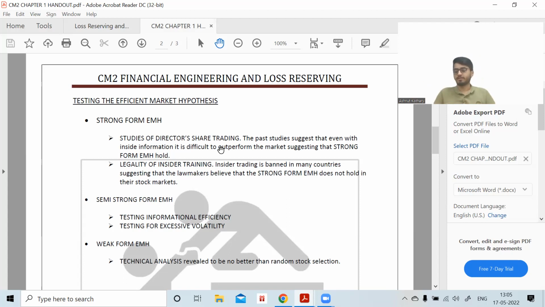Now, testing informational efficiency. Let me put it this way: how should the markets react to any new news? If markets are adhering to some form of efficiency, starting with semi-strong form, which is the form where the most analysis is done, then if new information has been made available and the market is semi-strong form efficient, the prices would react instantly in the right quantum.